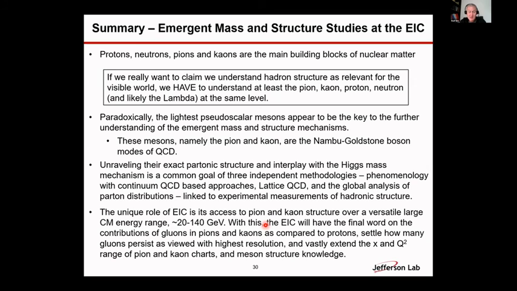The unique role of the EIC is to access pion and kaon structure making use of a versatile large center of mass range. I think the EIC will have the final word on the contribution of gluons in pions and kaons as compared to protons. And again, we don't know. It can settle how and if gluons persist as viewed with high resolution, and vastly extend the x and Q squared range of the pion and kaon charts and the meson structure knowledge.